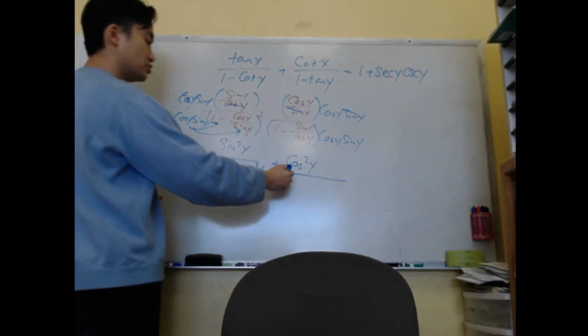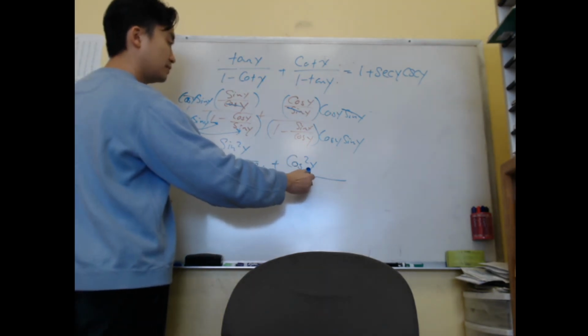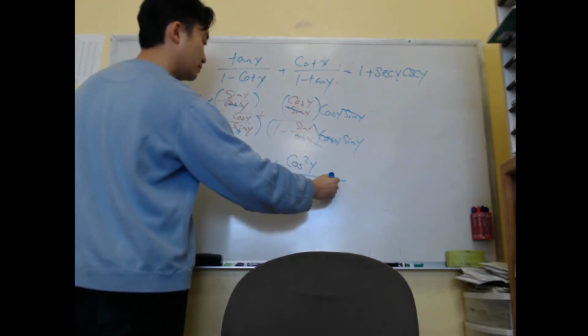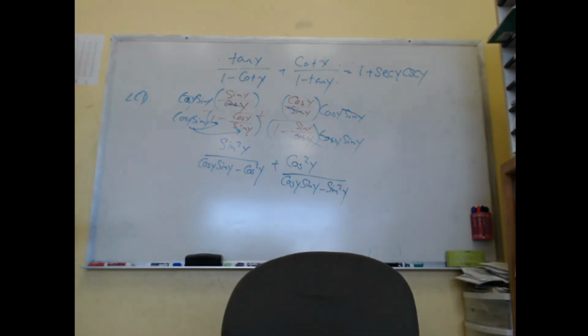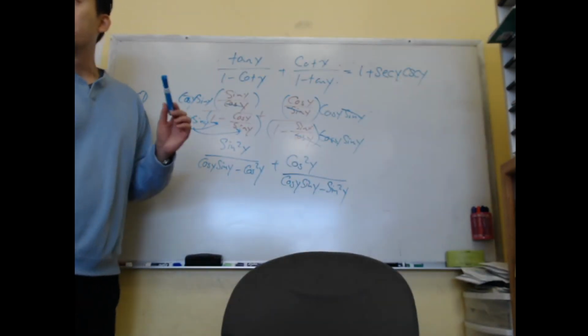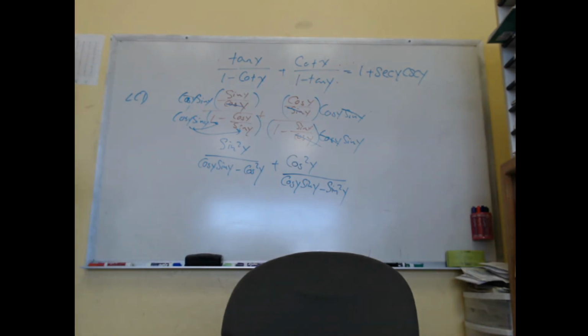And then this one distribute, so we get cosine y, sine y, minus sine squared of y. Is that what we have so far? Now, what happened to the denominator? Pretty similar, right? Ethan, what can you do from here? You can't. It's a different denominator. Identity.